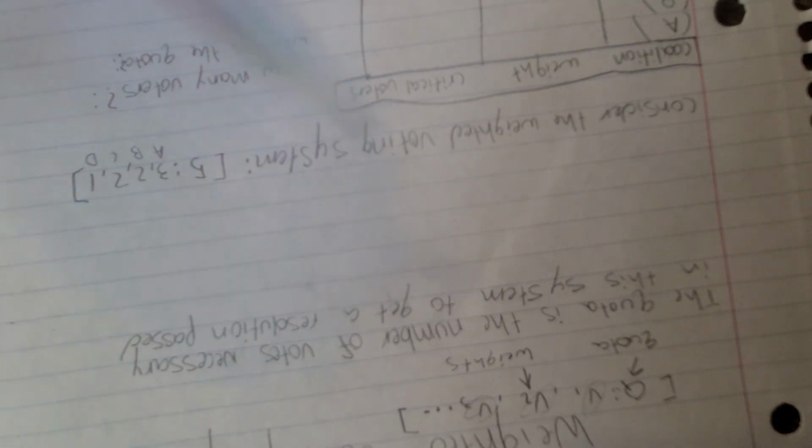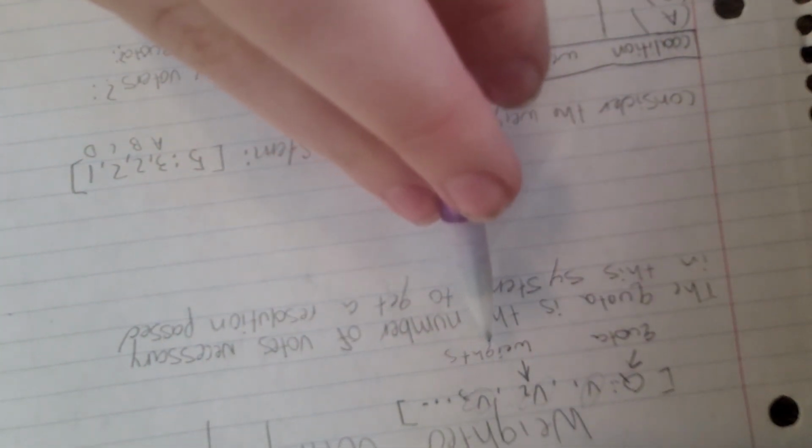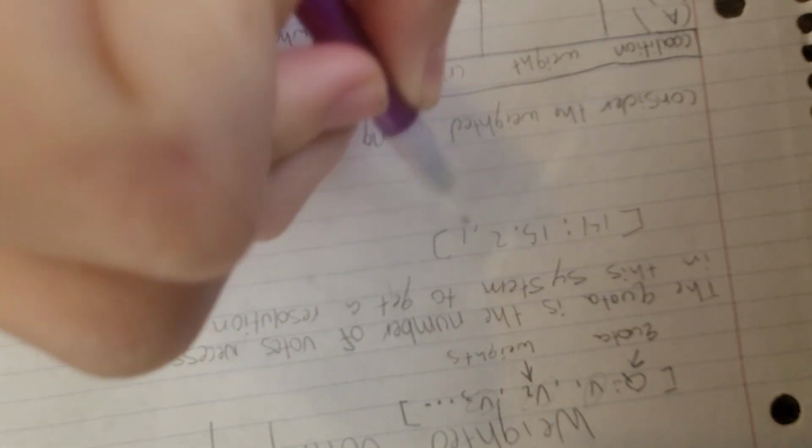So when you're looking at weighted voting systems, you have a regular weighted voting system, and then you have a thing called a dictatorship, which an example of that is if you were to have numbers like 14 and 15 to 1, whatever.